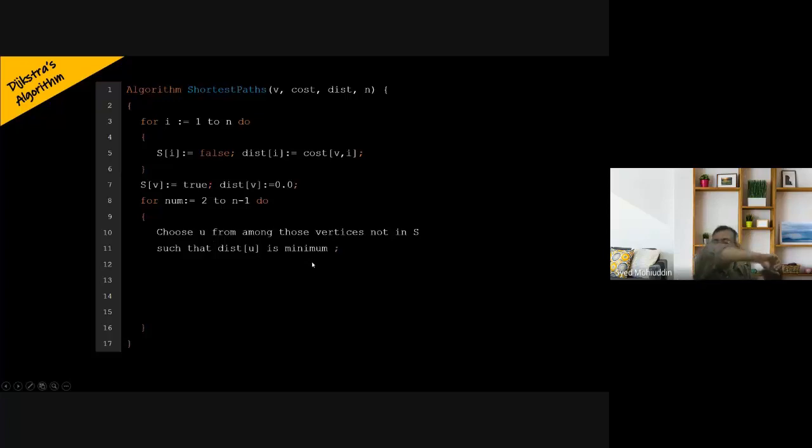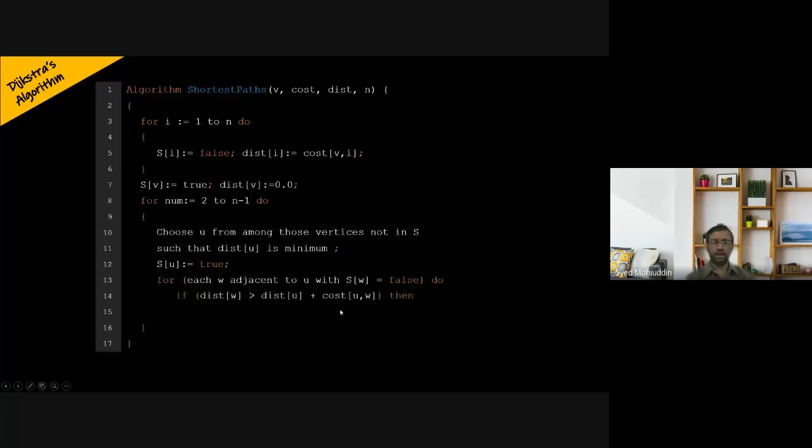That is what I told you. We selected 10, which was the distance of vertex 4 in our example. Why did we select 10? Because that was the minimum distance among the vertices which were not in S. Then we make this vertex U true, and for each vertex W adjacent to U, where W is false in array S, we will perform the relaxation technique.